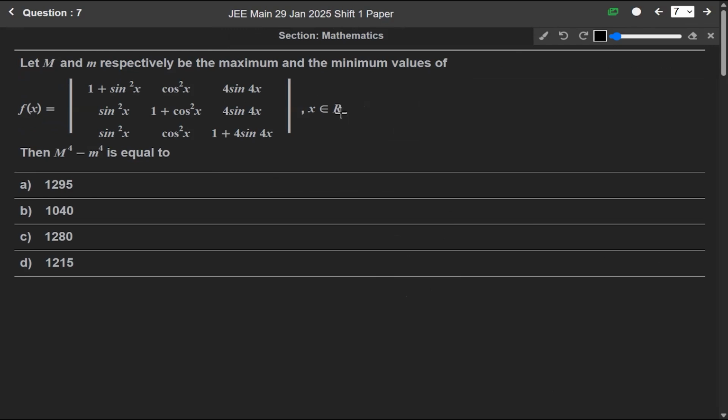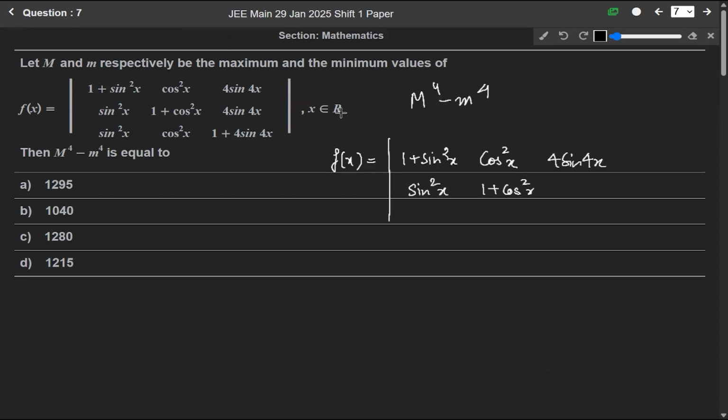We have to find the value of M^4 minus m^4. The matrix is given as f(x) equals: row 1, 1 plus sin^2 x, cos^2 x, 4 sin 4x; row 2, sin^2 x, 1 plus cos^2 x, 4 sin 4x; row 3, sin^2 x, cos^2 x, 1 plus 4 sin 4x.